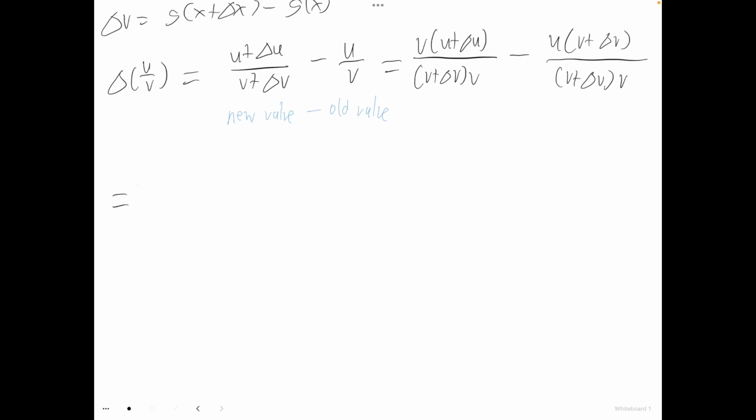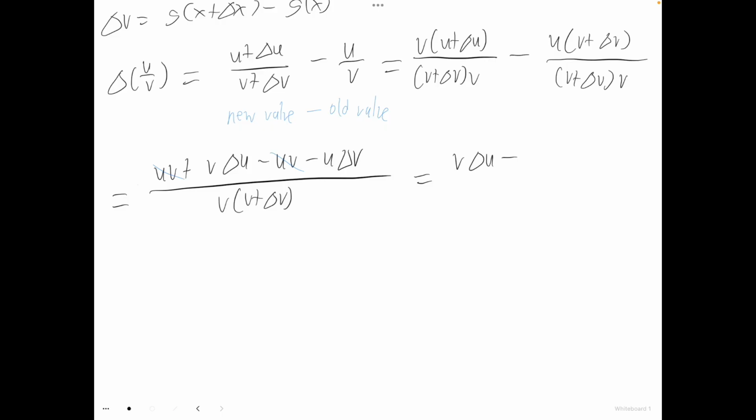Then combining things, what we have here is uv plus v delta u minus uv minus u delta v, all divided by v times v plus delta v. And notice that we have a uv here and a minus uv here, so those cancel. And we're left with v delta u minus u delta v, all divided by v times v plus delta v.